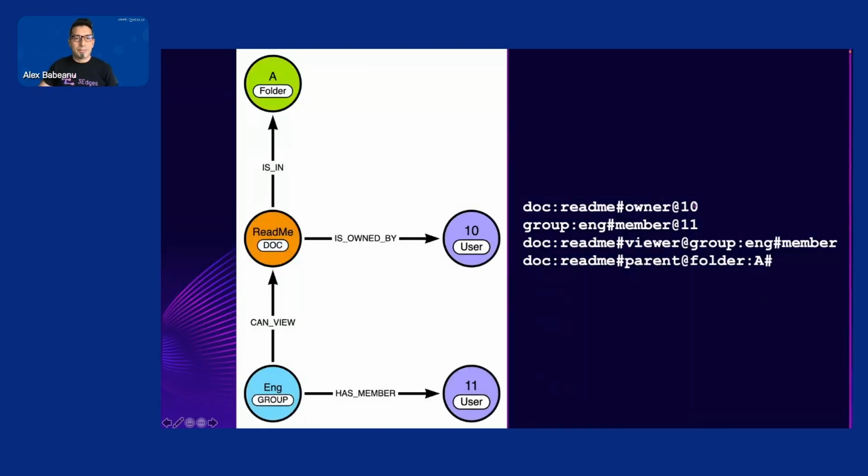Here's a graph representation of the same tuples. You being graph people, you can already tell which representation is the easiest to use and to manipulate. But surprisingly, FGA practitioners, and I've talked to a few, don't look at the graph at all. It's kind of a neat side effect, but they really look at the tuple strings, which is quite interesting.